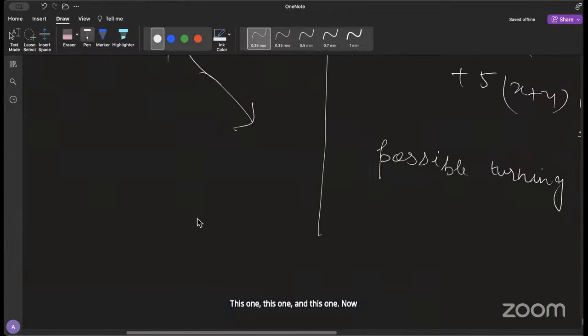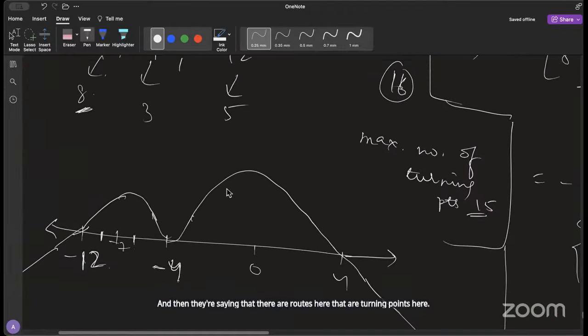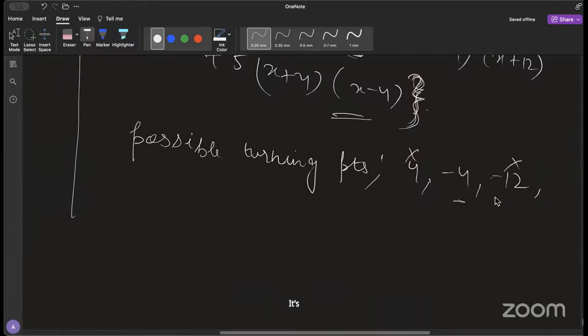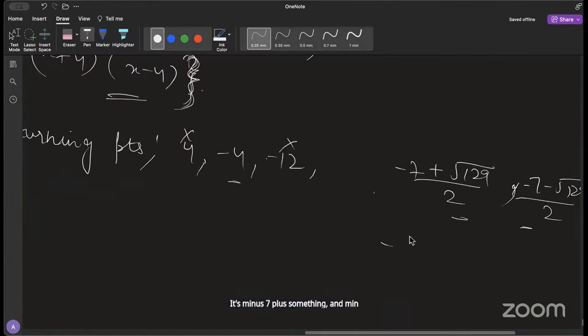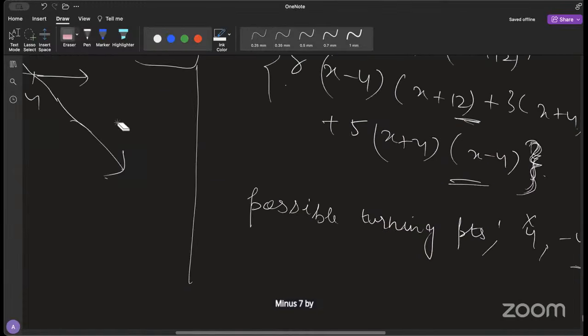Now minus 7 is somewhere between minus 12 and minus 4, right? And then they're saying that there are turning points here, right? It's minus 7 plus something and minus 7 by 2 minus something. Minus 7 by 2 is minus 3.5.